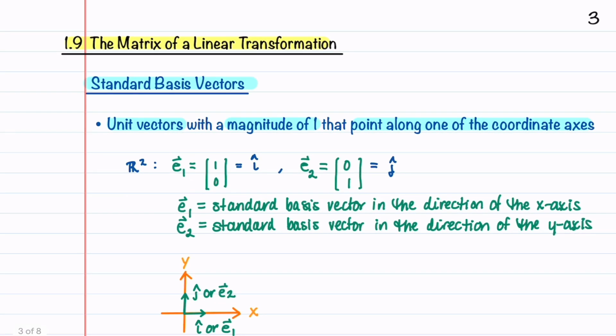For example, in R2, we have two standard basis vectors, and they are e1 and e2. You might know these as i hat and j hat if you studied physics. I've plotted these vectors down here. i hat or e1 goes in the x direction, and then j hat or e2 goes in the y direction. And those are our standard basis vectors.